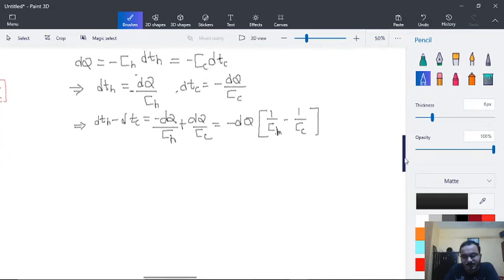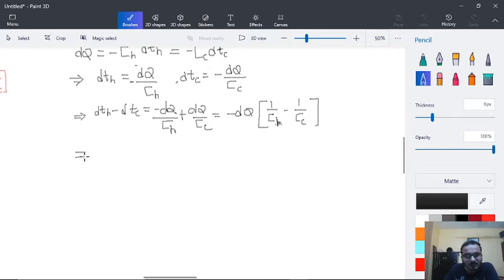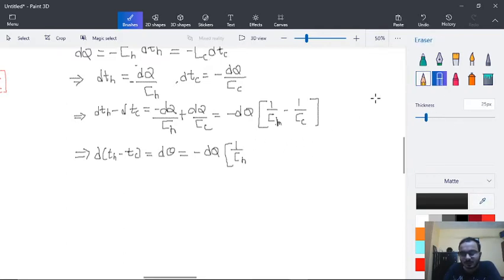So here we will be getting d common, Th minus Tc is equal to d theta is equal to minus dq into 1 upon Ch minus 1 upon Cc.